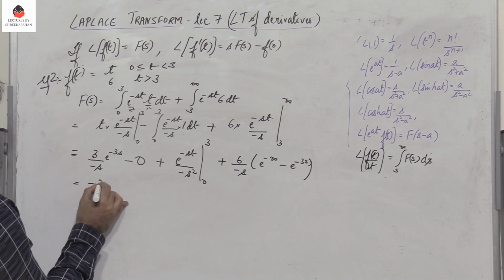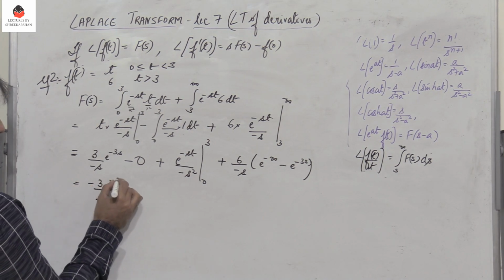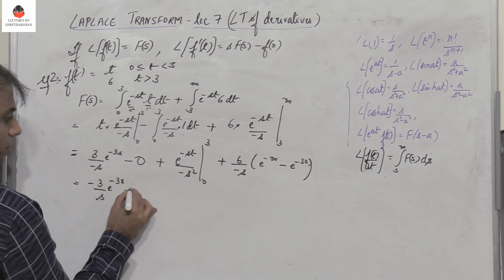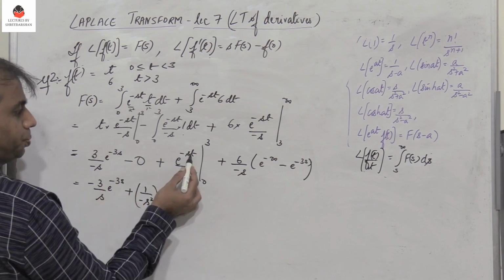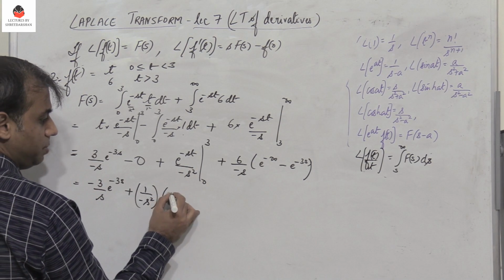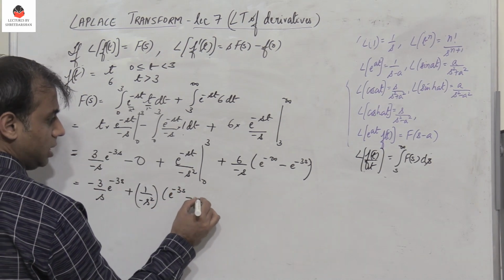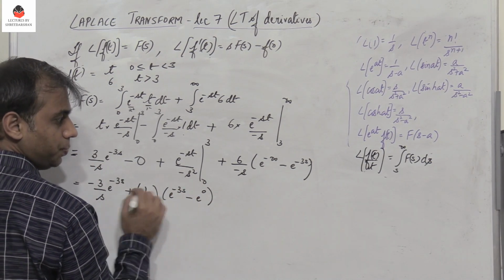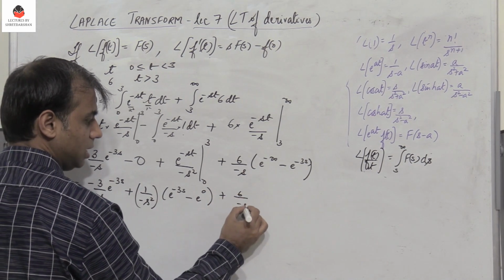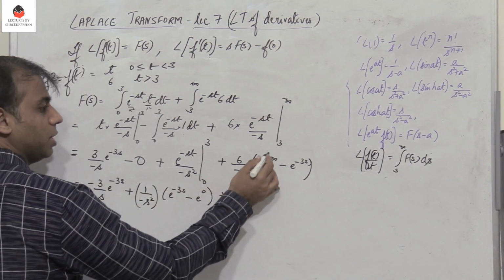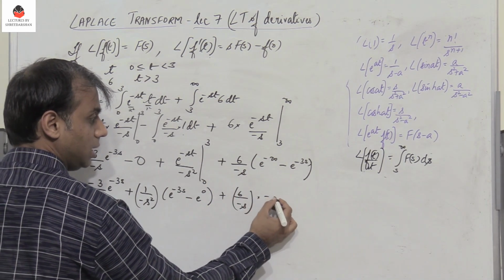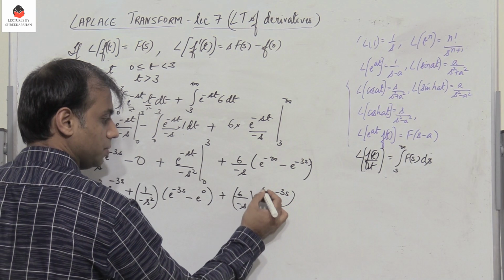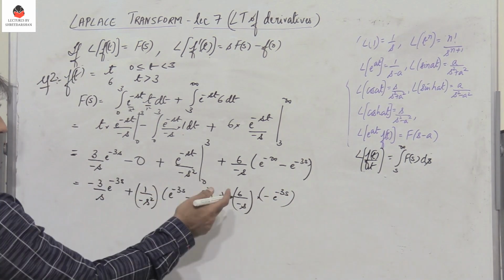So this is minus 3 by s e power minus 3s, plus 1 by minus s square. Put t equal to 3, so you get e power minus 3s minus e power 0, plus 6 by minus s. E power minus infinity is 0, and you get minus e power minus 3s.